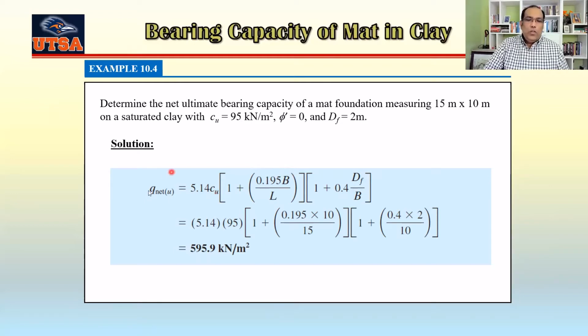So you can just plug all those values here. This is your B, which is 10, your L equal to 15, and your Df is equal to 2 meter. So everything is given here. You just plug that into the equation, and you get 595.9 kilonewton per meter square, okay?